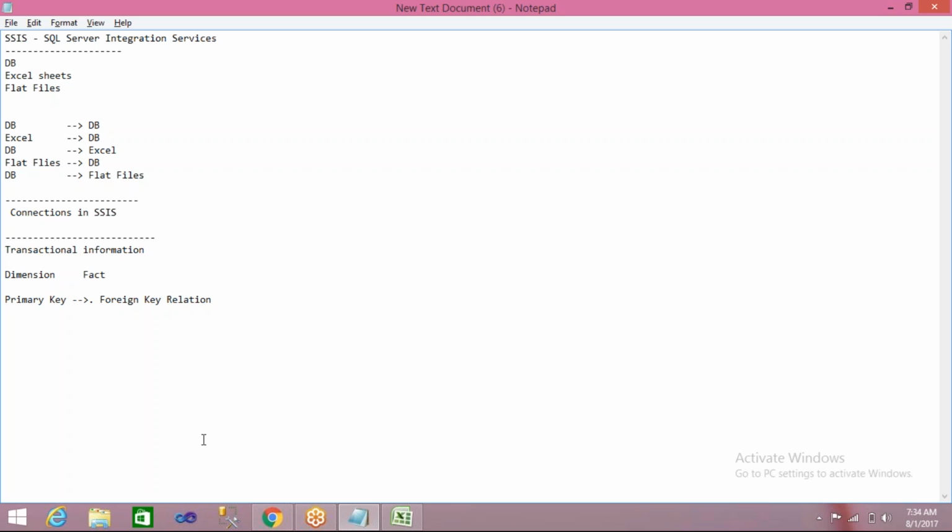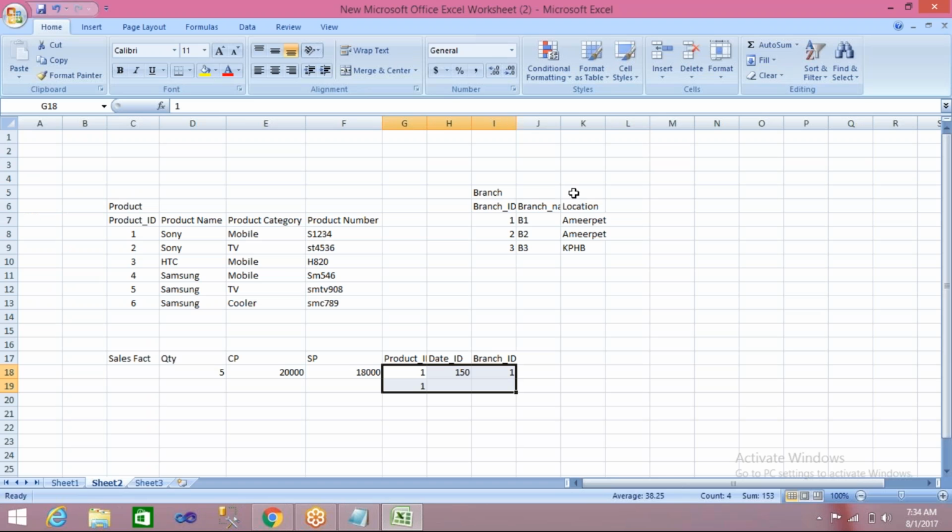In that case we will pick the branch name from the branch table and the sales price from the sales fact table. That means in the back end these two tables will form a join condition, and using that query it will pick the data from the database.